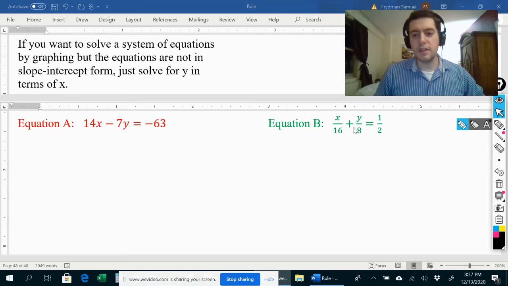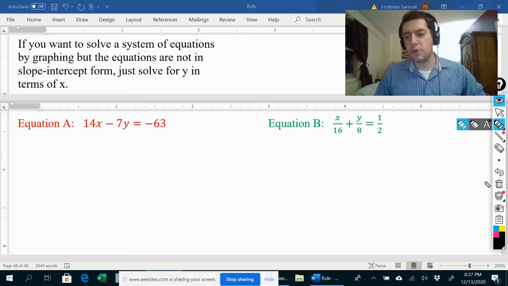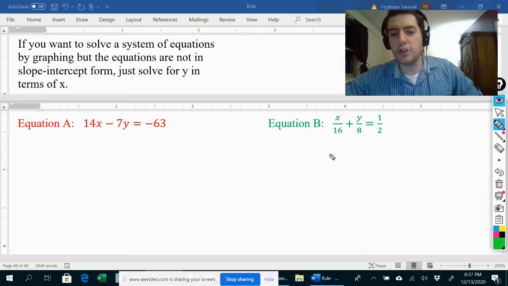I have these equations both in standard form, which means that I have some coefficient times x, and then plus or minus some other coefficient times y equals some number. This one over here is not technically in standard form, but I could write it like this.